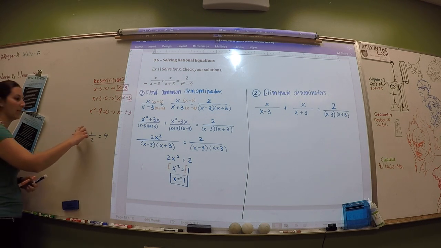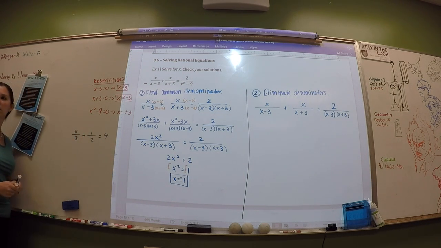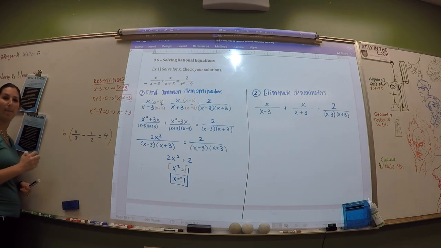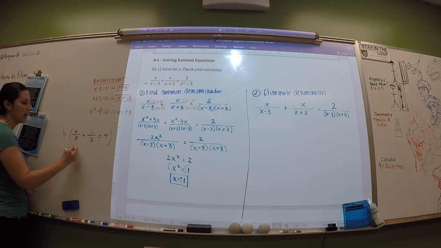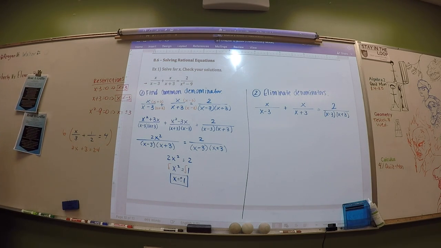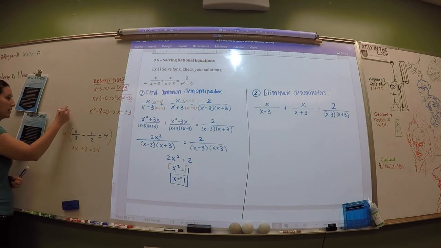So what is something that these denominators go into? 6. So if you multiply these all by 6, this would become 2x, this would become 3, and this would become 24.